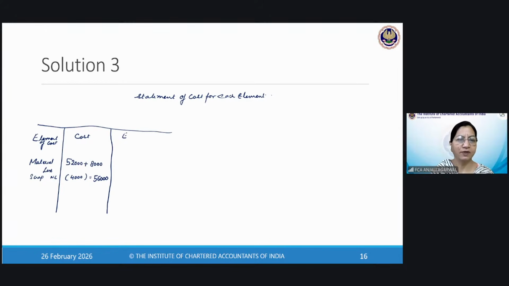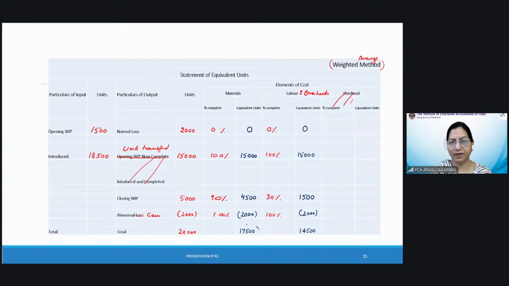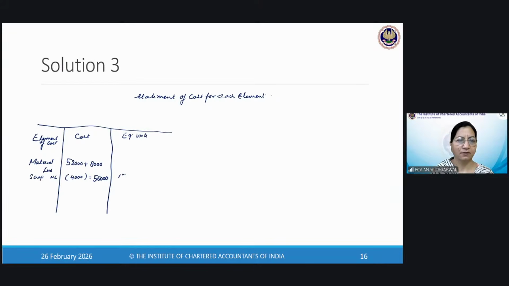And what is the equivalent units of material? We will pick up from this statement. It is 17,500. So what is the cost of material per unit? 56,000 divided by 17,500. So before, when we were doing FIFO, we had exact answers.